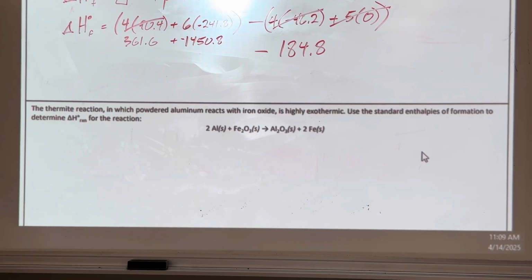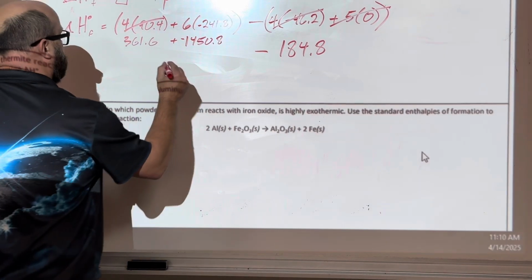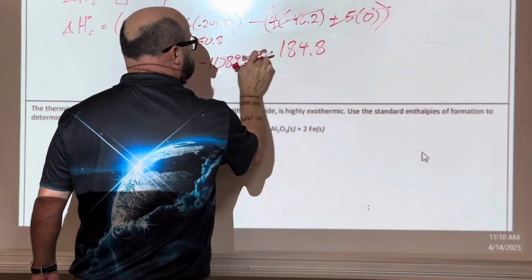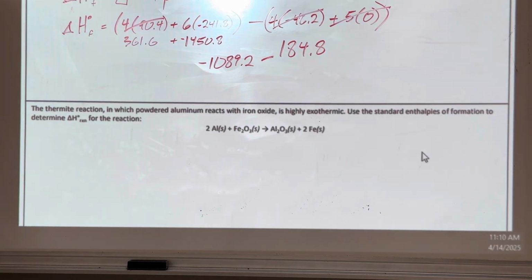Add those together, plus 361.6, negative 1089.2. Then minus 184.8, the reactants.